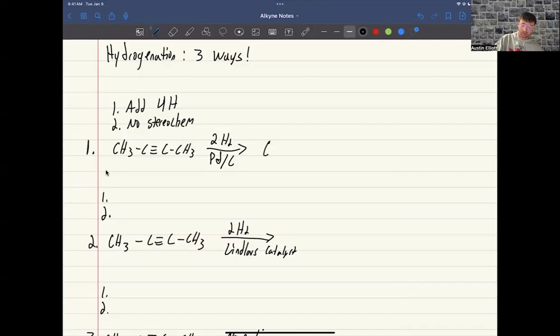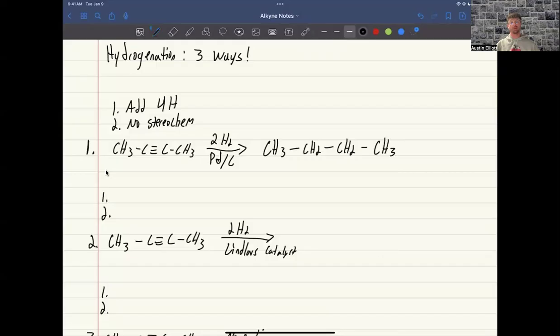So when we're looking at our products, we have CH3 and our carbon here. It's going to become CH2, CH2, CH3. It completely reduces that triple bond by adding the four hydrogens into the center of the molecule.